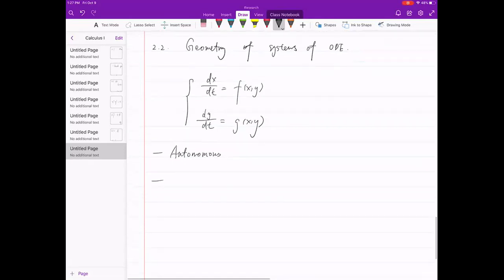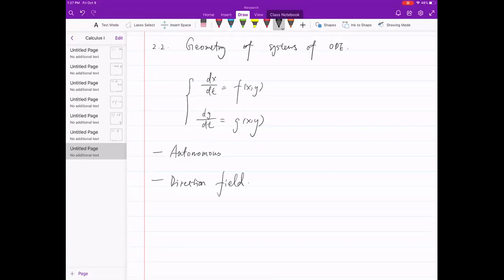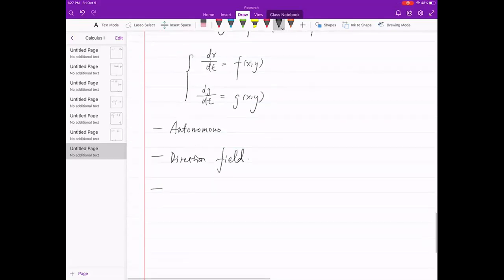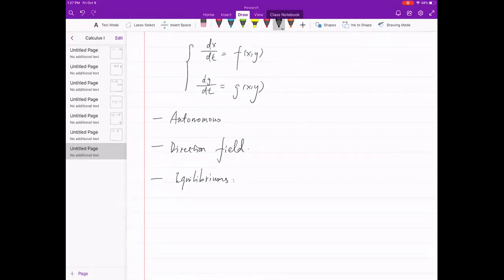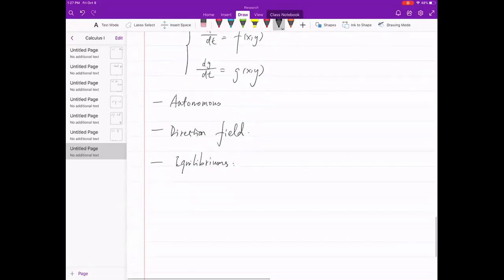Because of that, we can do slope field. But in this case, it's not slope field anymore. It's direction field. Number 3, for this, we can do the equilibriums. Okay. That's what we had.